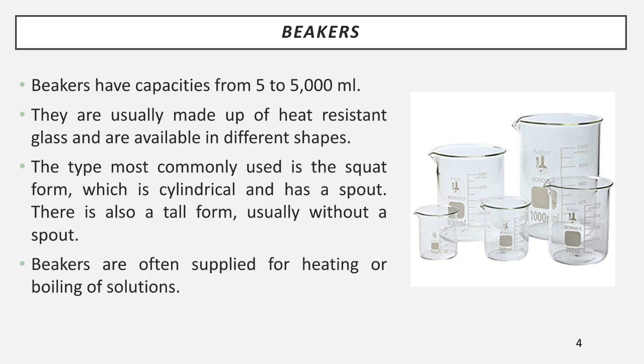Next, beakers. Beakers have different sizes, 5 to 5000 ml, and they are usually made of heat resistant glass. The most commonly used is the squat form, which is cylindrical and has a spout. There is also a tall form, usually without a spout.